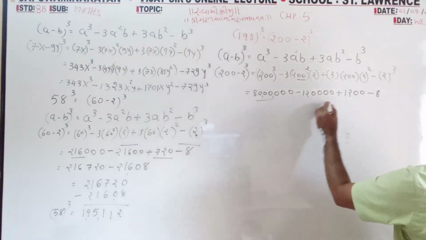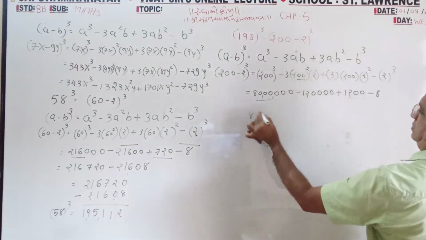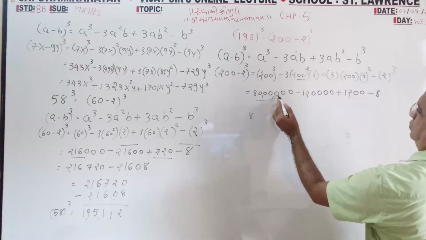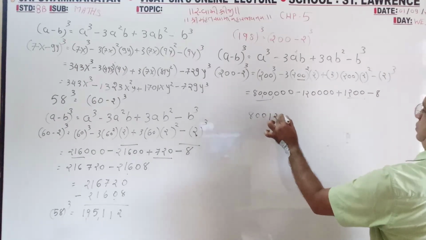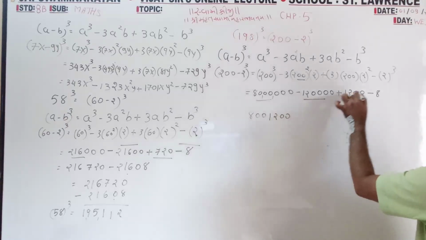Now this plus this. Then 1, 2, 3, 4, and 1, 2, 0. Now add this and this.